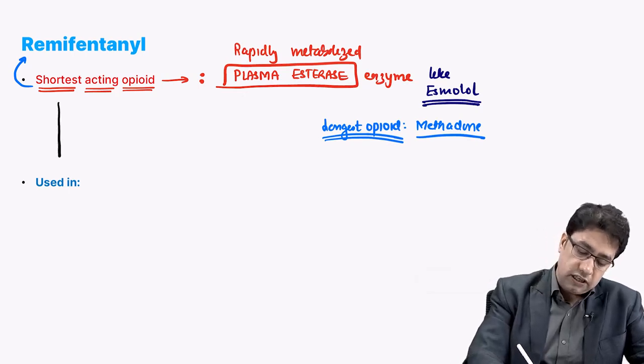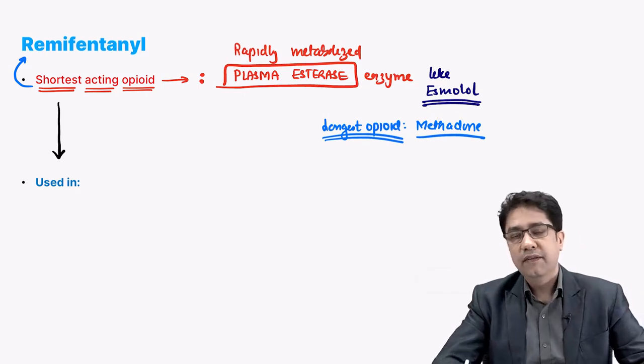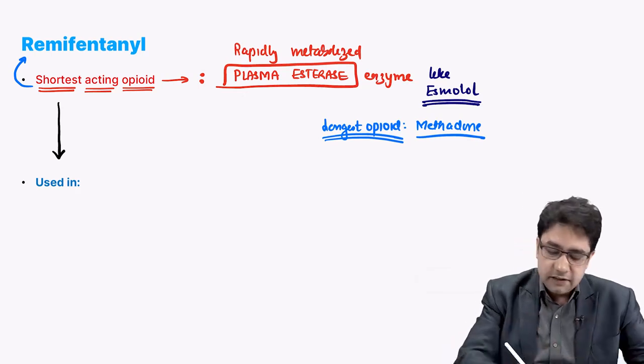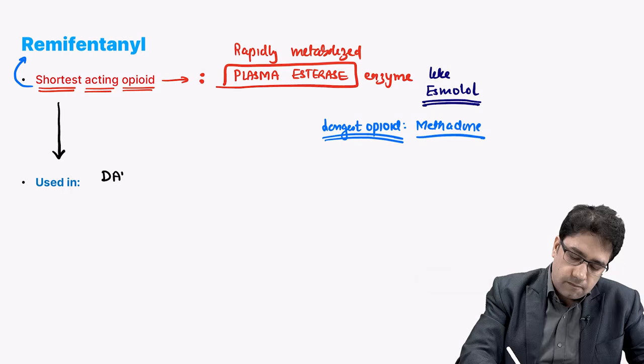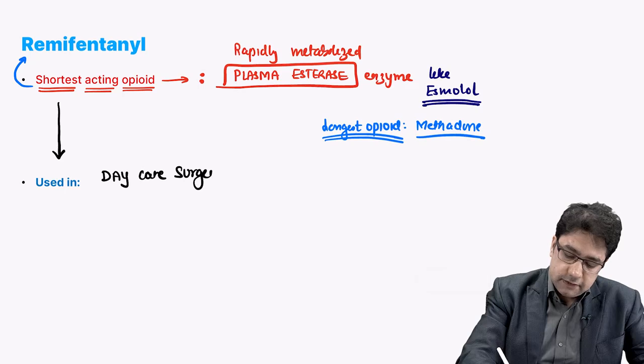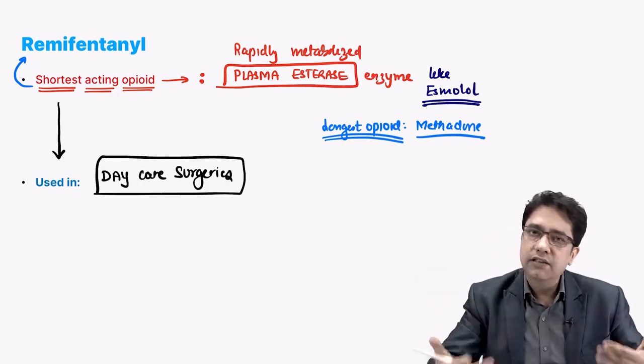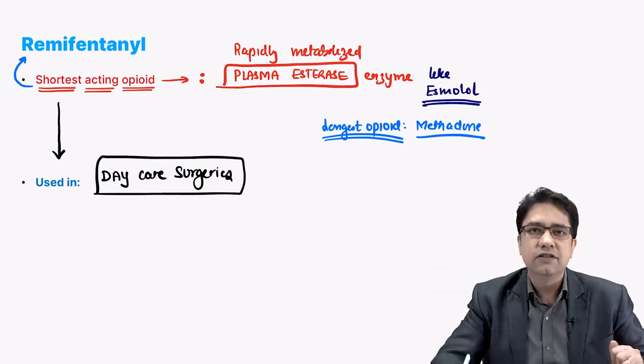So, because it's a short acting opioid, can we give this opioid in daycare surgeries? So, it is given in daycare surgeries. Daycare surgeries means we admit the patient and on same day we discharge the patient. So, these are very minor surgeries.